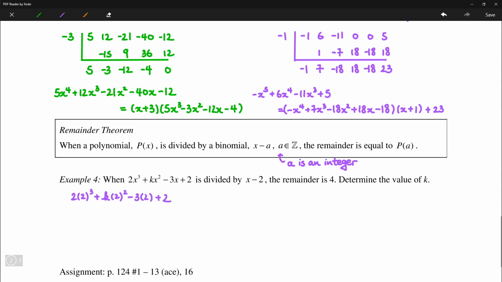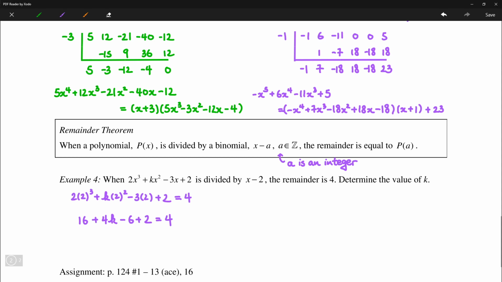And that will be equal to the remainder of 4. And the whole idea is now we can solve for k. So 2 cubed is 8. 8 times 2 is 16. 2 squared is 4. That will be 4k. Minus 6 and then plus 2. Simplifying those numbers there.